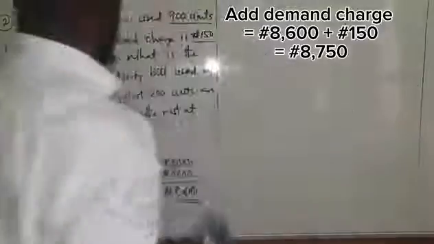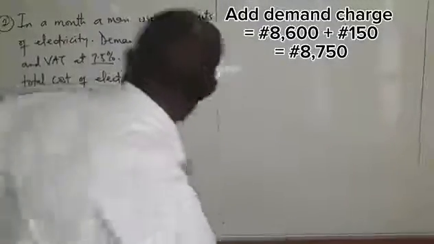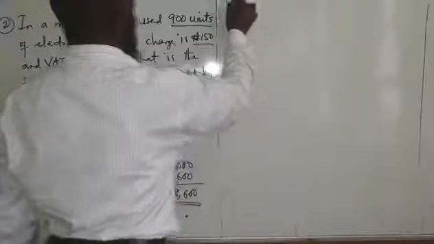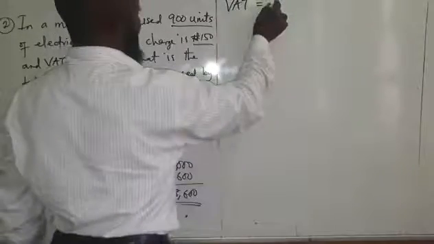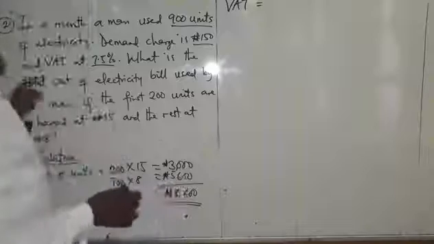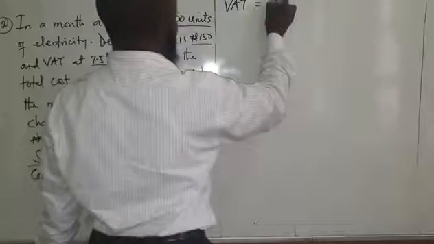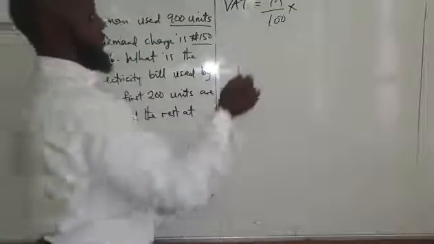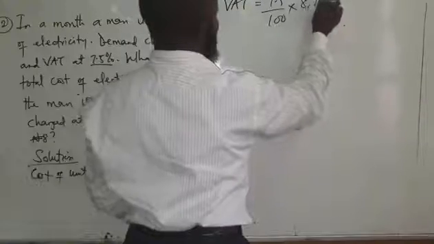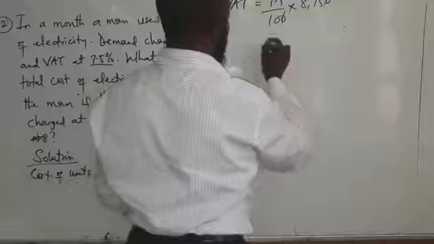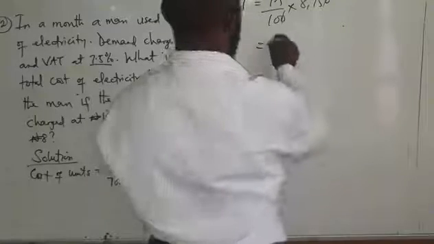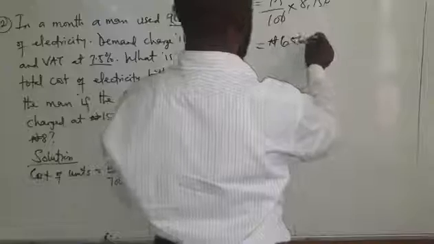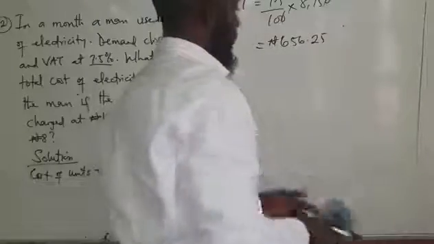So we've added the demand charge. The next is to calculate the VAT. The VAT is 7.5% of the cost. So 7.5% multiplied by 8,750, where the 0 cancels 0, gives 656 naira 25 kobo.